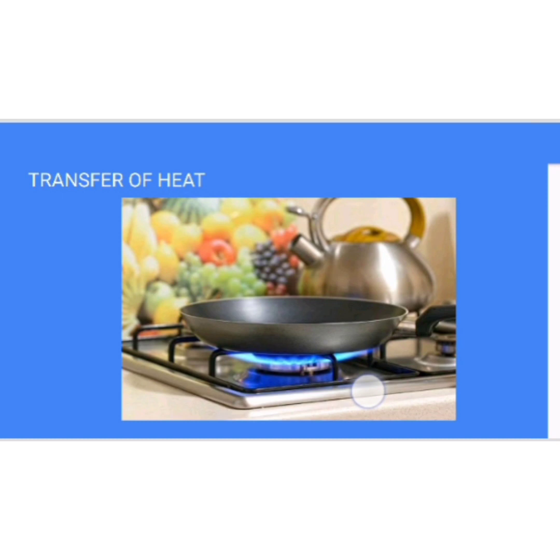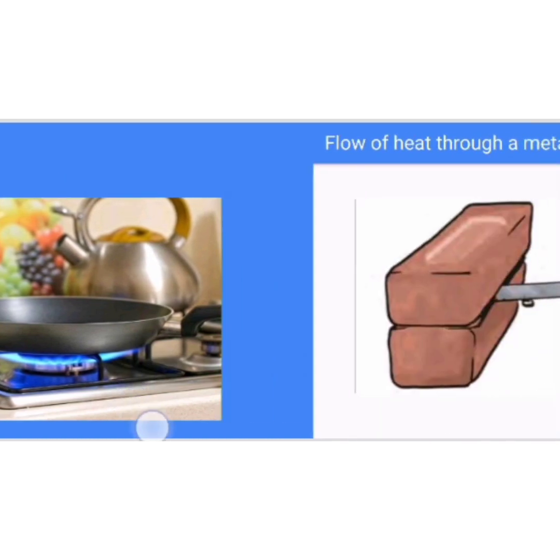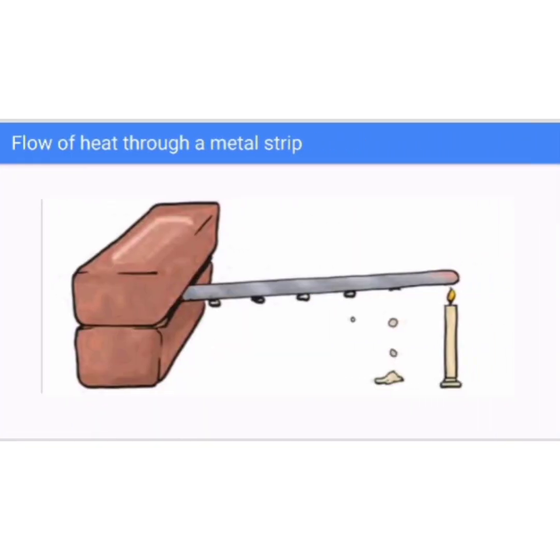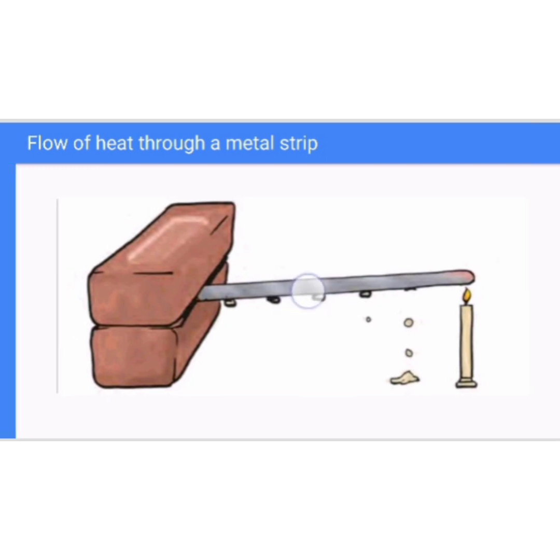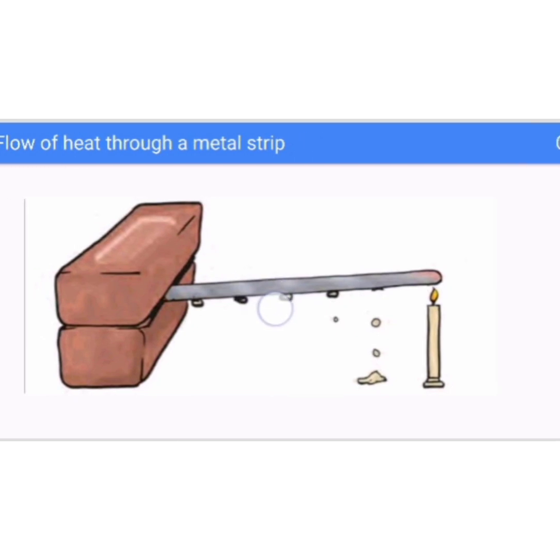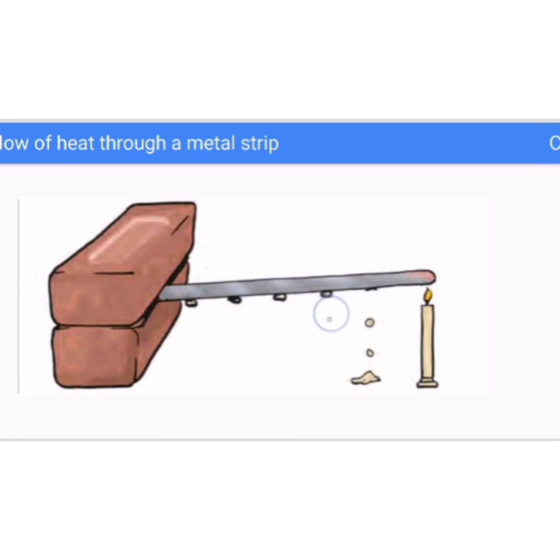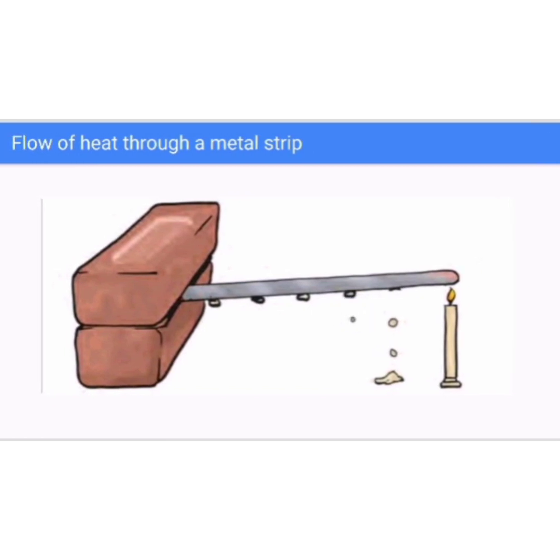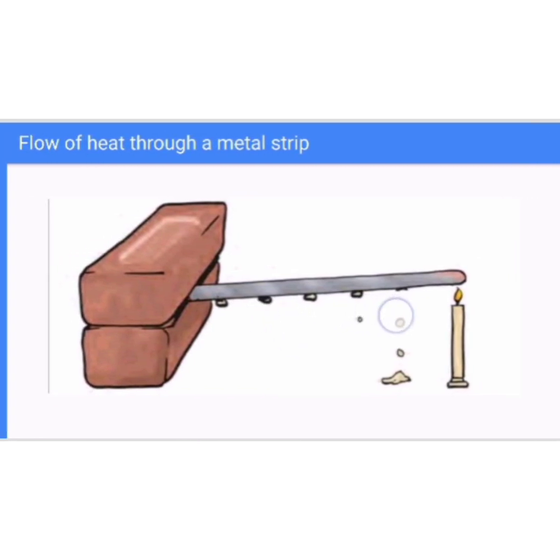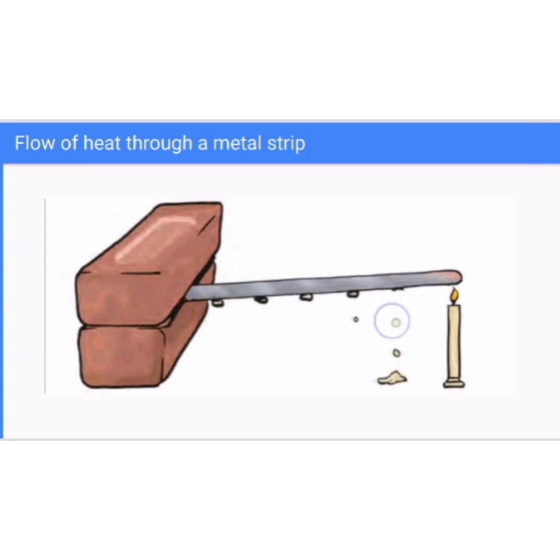Let us see an activity. Take a rod or a flat strip of metal, made of aluminium or iron. Fix a few small wax pieces on the strip at equal distances, and clamp the rod to a stand.